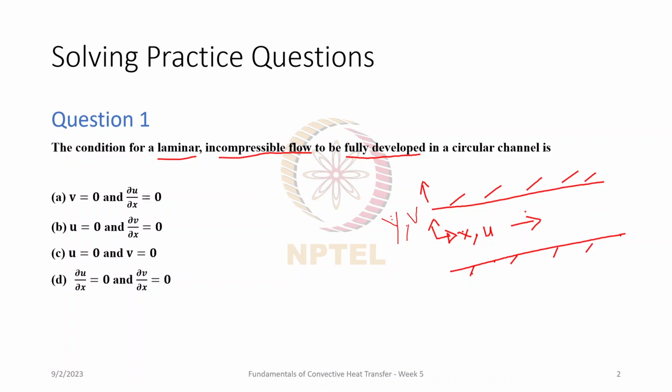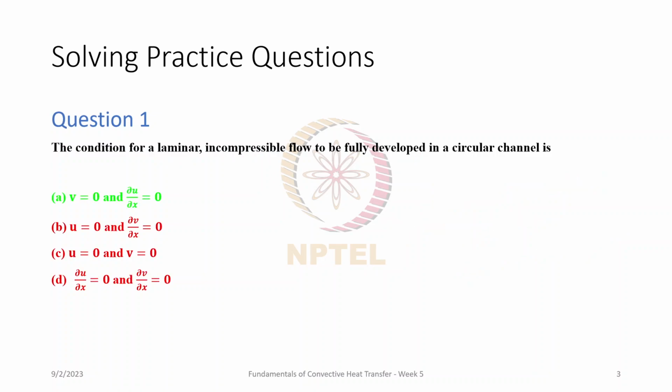We have two responses in favor of option A, and we will have a look at the solution now. The solution is indeed option A. So those of you who answered, you did answer correctly. In a parallel flow situation like this, there is only u and no v, so v would be identically equal to 0 everywhere.